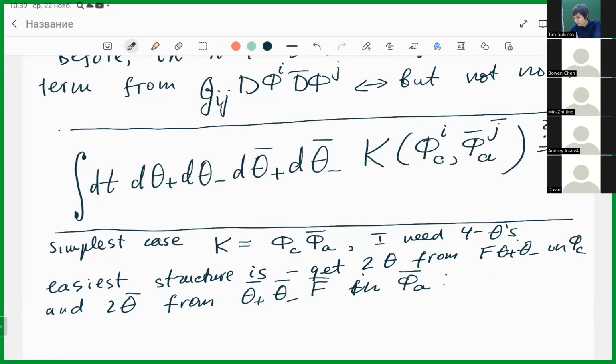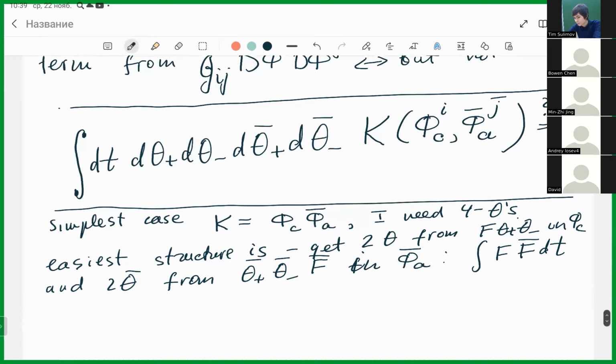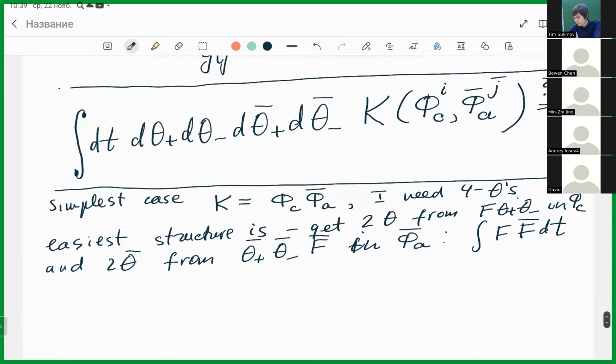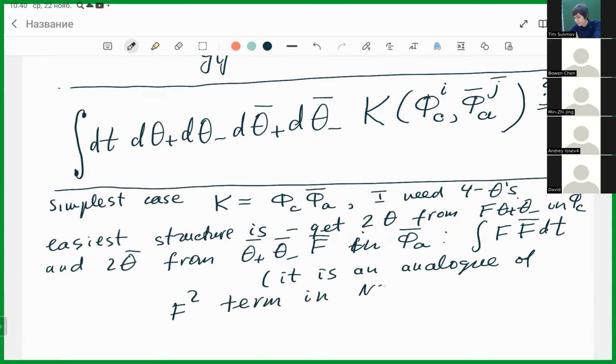So we will get f bar. It is an analog of f squared term in n equal to 1 super quantum mechanics. Okay?